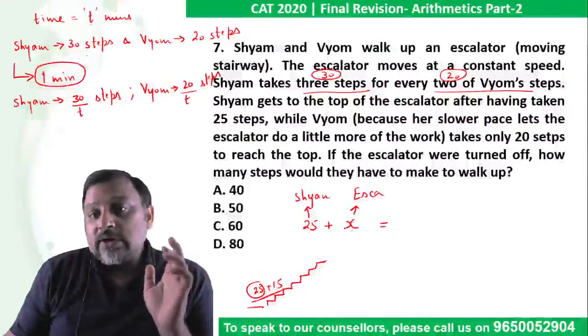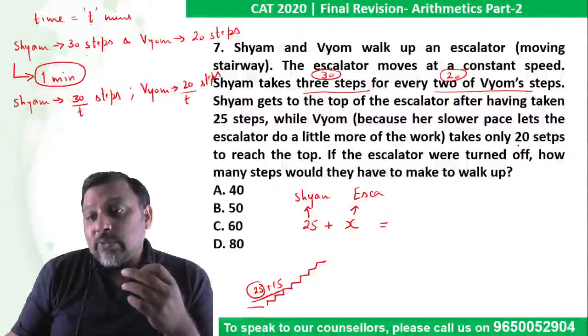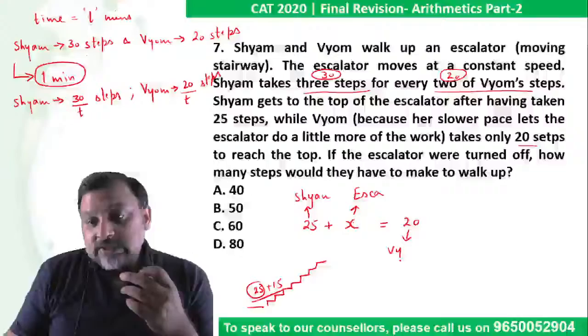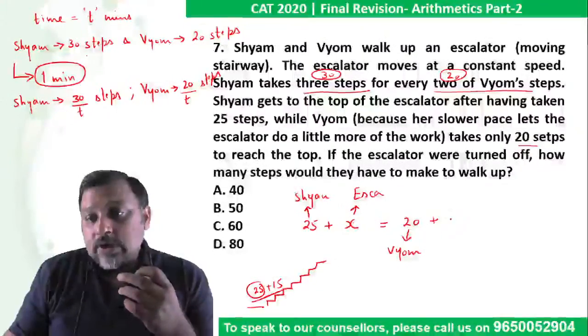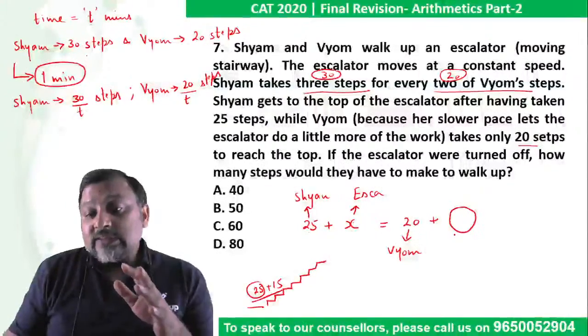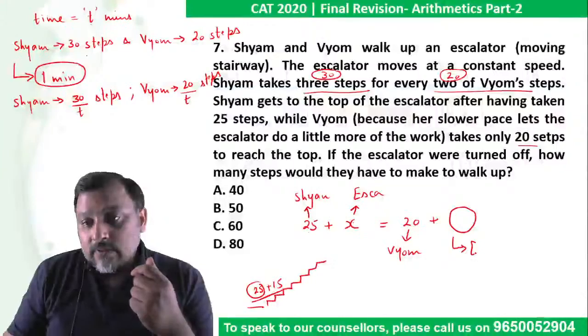Now this is the total distance and it is given Vyom reaches top by taking only 20 steps. So Vyom is taking 20 steps. Now how many steps would escalator take in this case? This is what is required to be calculated.